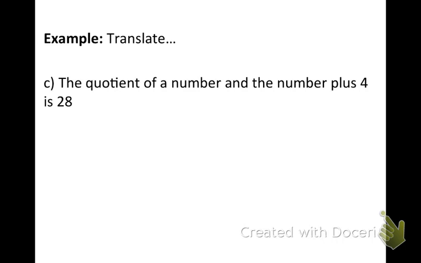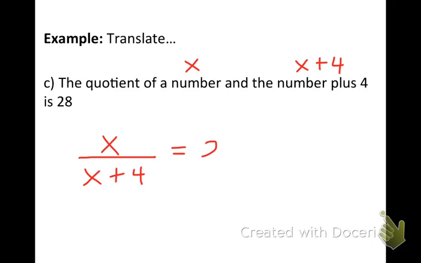So quotient, we know that's easy. That's going to be what? Division. So I'm probably going to put some kind of fraction bar. Well, what's being divided? A number, so we'll call that x, and the number plus 4. So what goes in the numerator, what goes in the denominator? Yeah, so x over x plus 4 is 28. How would you solve that?